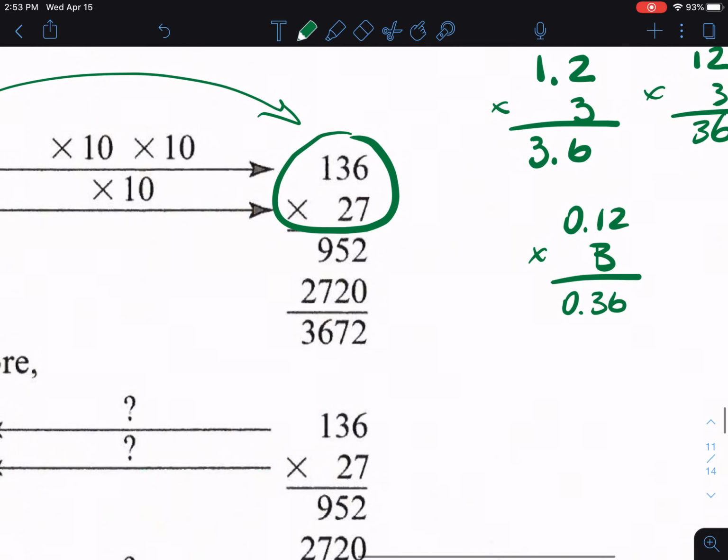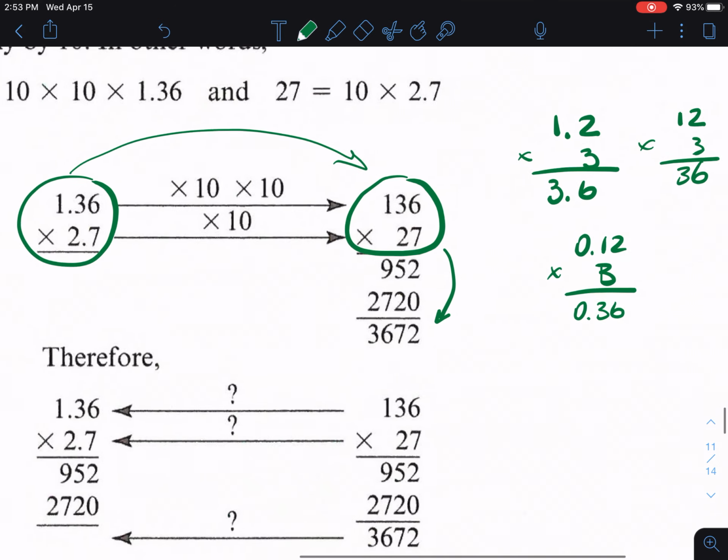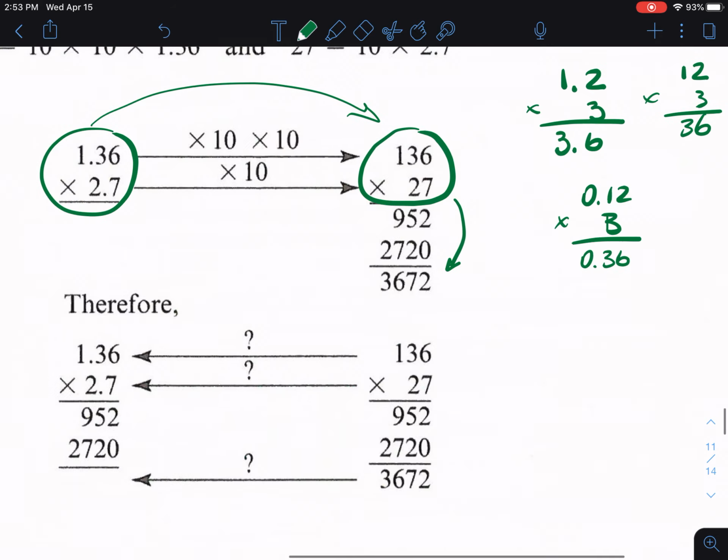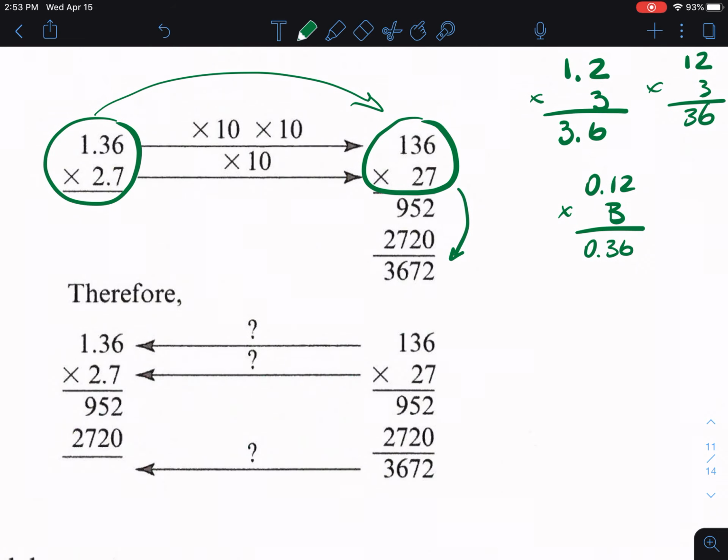Let's multiply that out, and let's say we go through this whole process and we get 3,672. But we got there because we had multiplied by 10 three times to drop off the decimal.